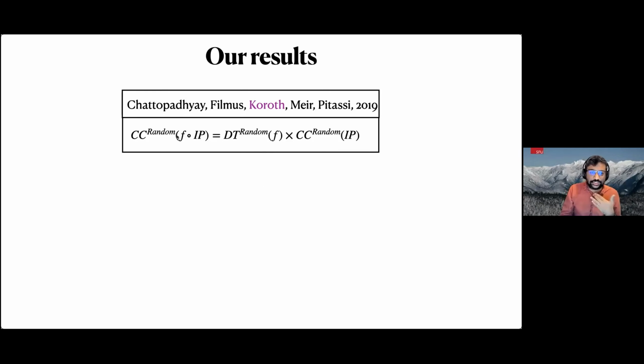In this work, we actually prove such randomized lifting theorems, which say that the BPP communication complexity of f composed with inner product is approximately equal to the randomized decision tree complexity of f times the randomized communication complexity of inner product.